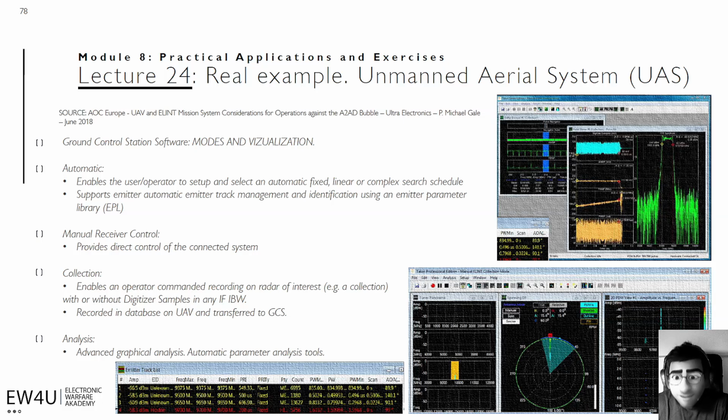Starting from the bottom, we have an emitter track list. You can see there different threats, different emitters with different powers, frequencies, pulse repetition intervals, different modes, pulse widths, and angles of arrival.